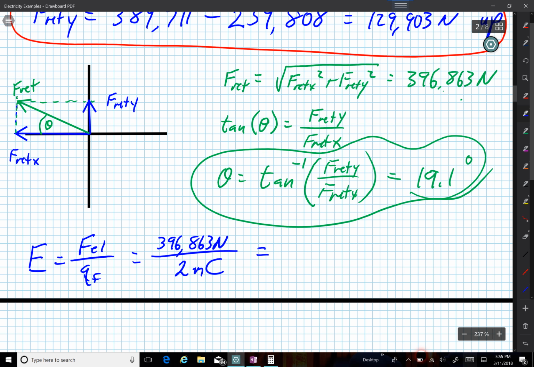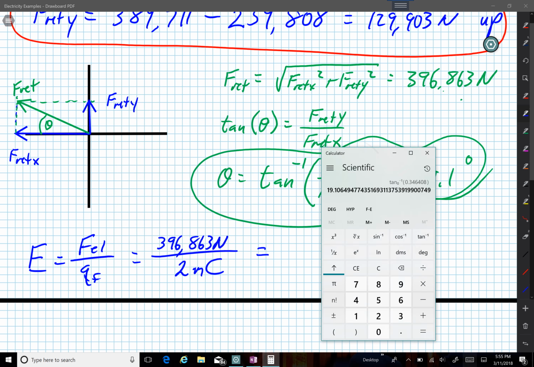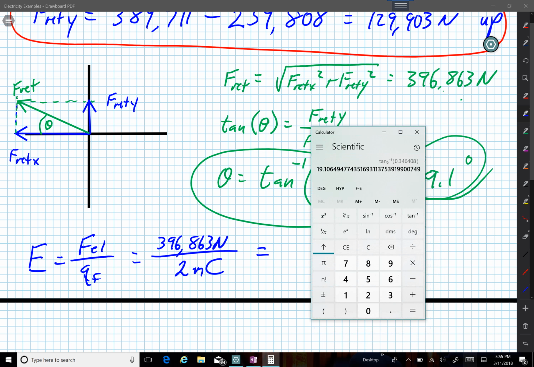Okay, and so here I'm going to get, clear this. We go 396,863 divided by 2E negative 3.